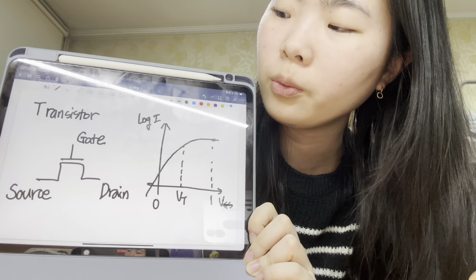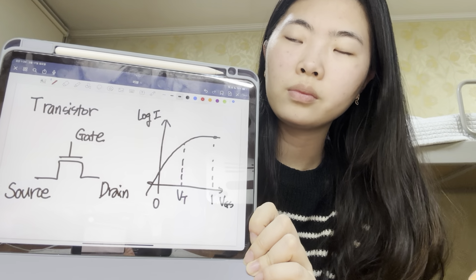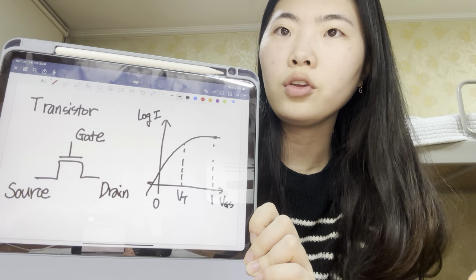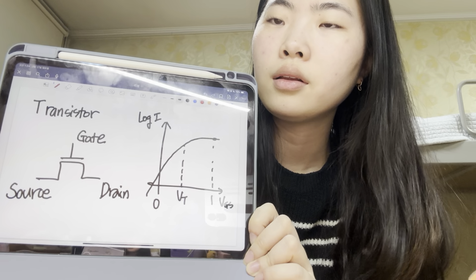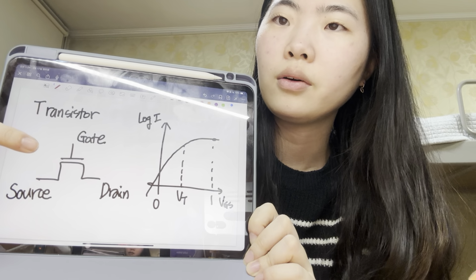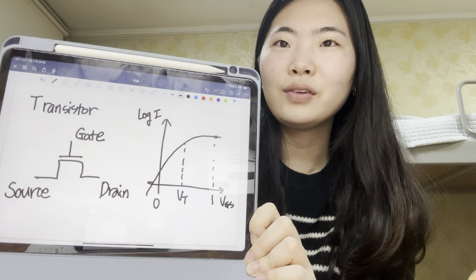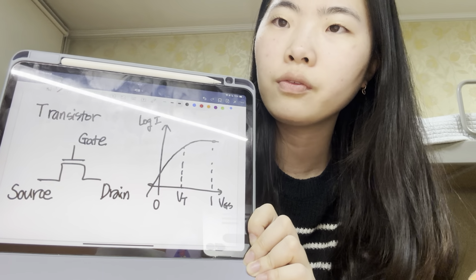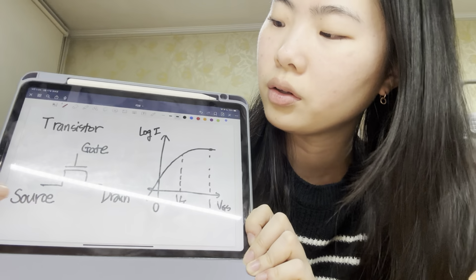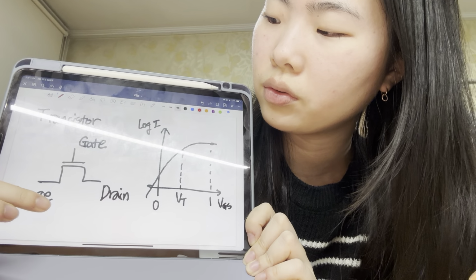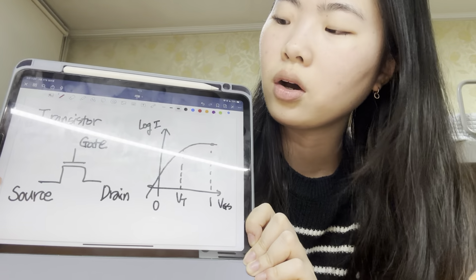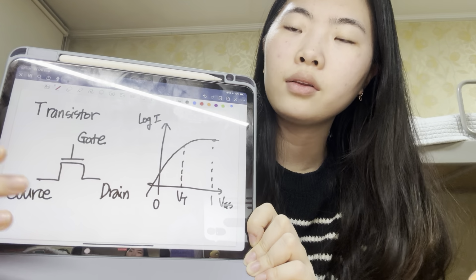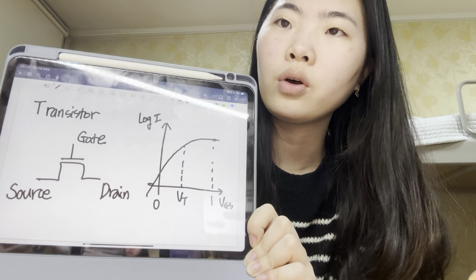When we put voltage on the transistor, current will flow from source to drain. So electrons move and the current flows in here.